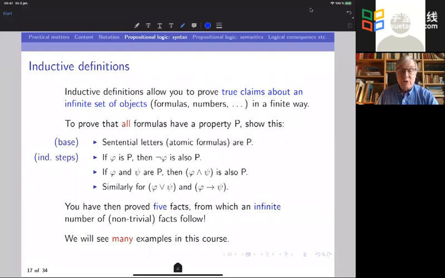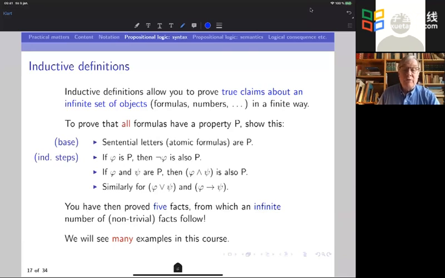So how do you prove that all formulas, every one of the infinite number of formulas, has a certain property P? That's a claim about an infinite set, so you cannot just prove that by enumerating the formulas and prove it one by one, because that would take an infinite amount of time. Instead, you do the following.